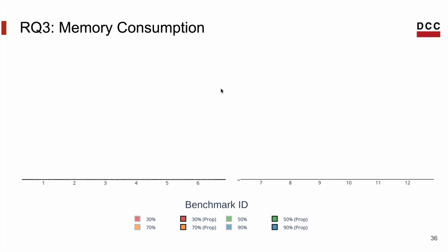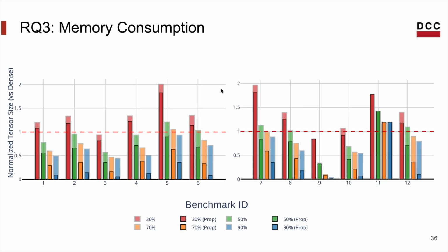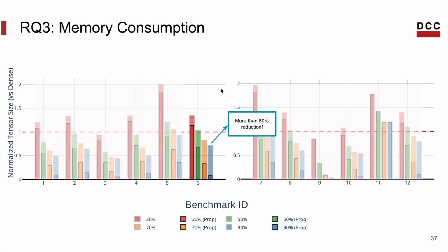The same 12 benchmarks, but now we are comparing the size of the tensors normalized to the dense implementation, and these are the results. So as you can see, we're able to reduce the tensor memory consumption in the majority of cases.